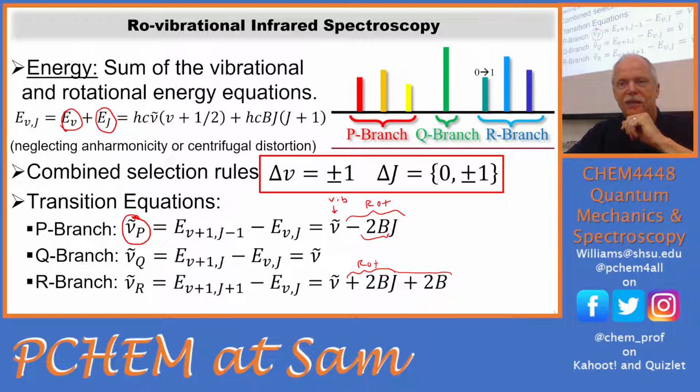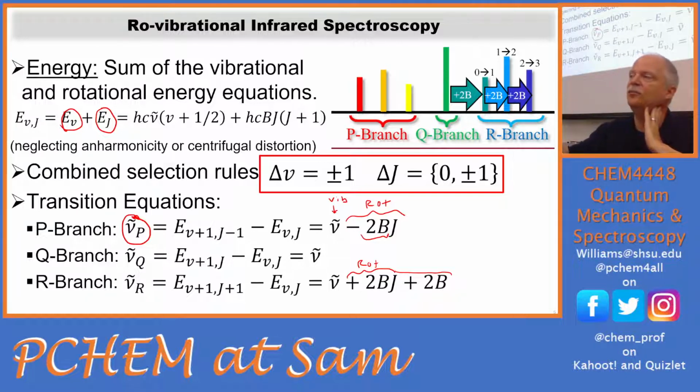So we have this 0 to 1 transition for the R branch. Then the next, and it's 2B over. Then the 1 to 2 transition line is another 2B unit over, and then the 2 to 3 is another unit of 2B over. So we can use these spectral lines to determine the rotational constant.